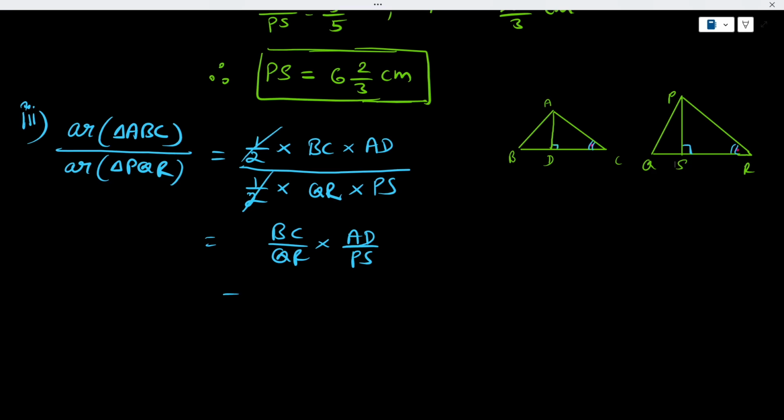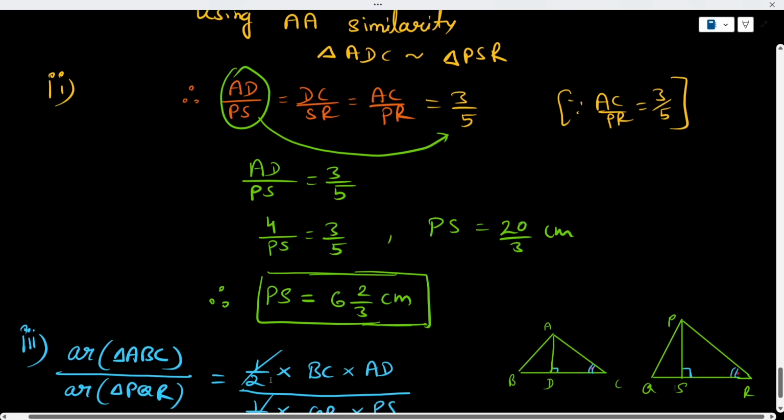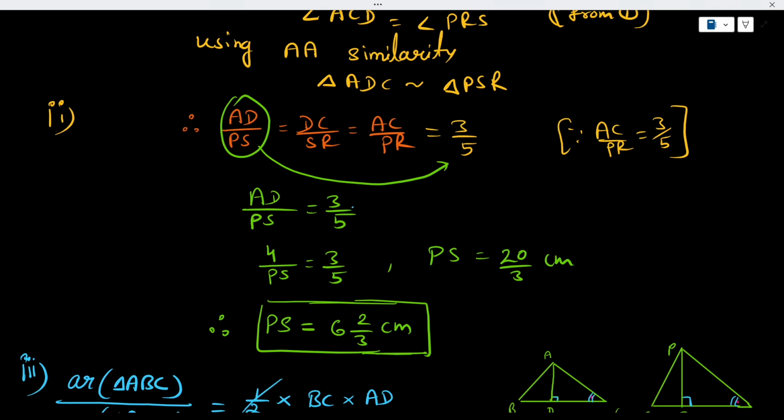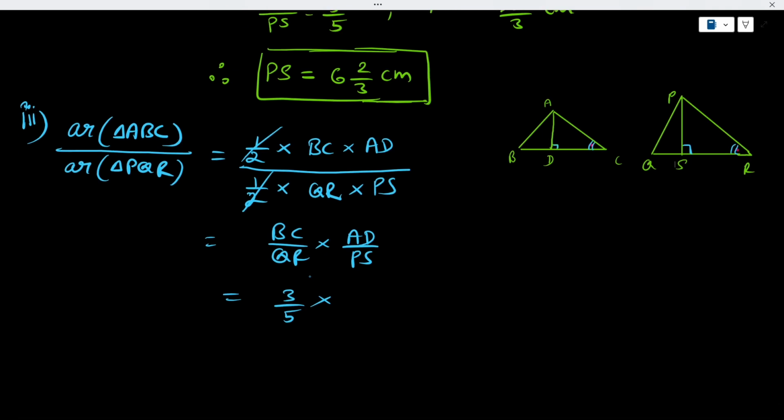BC by QR is 3 by 5, and AD by PS is also 3 by 5. So what is going to be the ratio? We are getting 9 by 25. Therefore the ratio is 9 is to 25. So you are done with all three parts here.